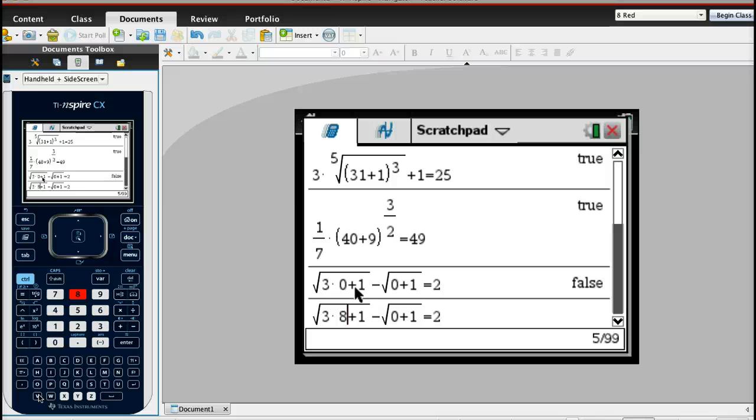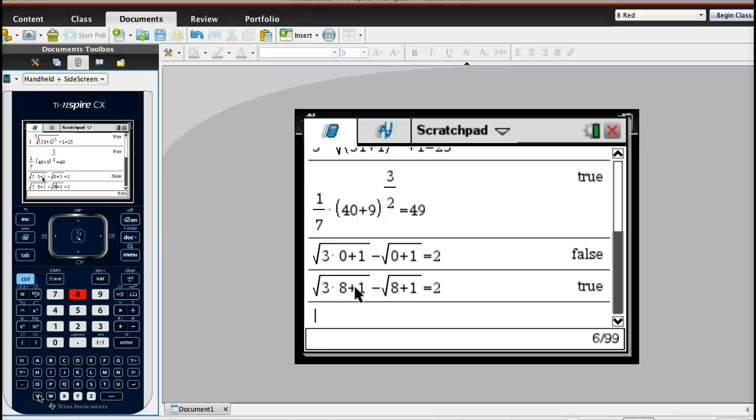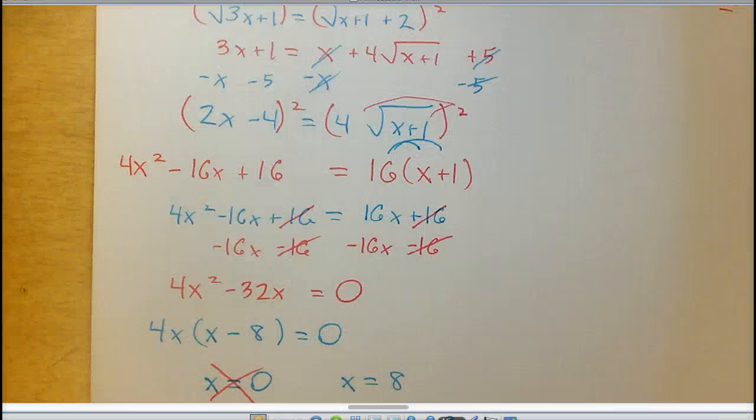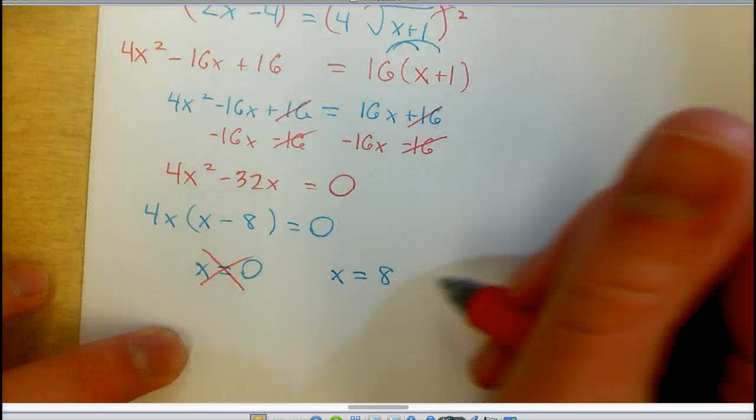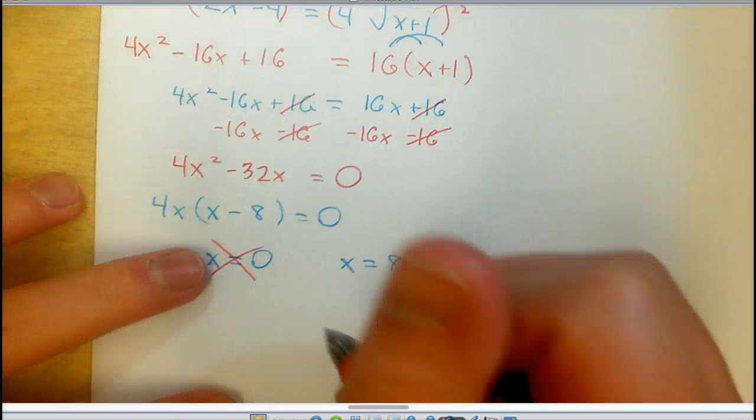So 3 times 8 there. And 8 plus 1 there. If I try 8, I get a true statement. So 8 actually works, which means for this problem here, I have one solution, and that would be x equals 8.